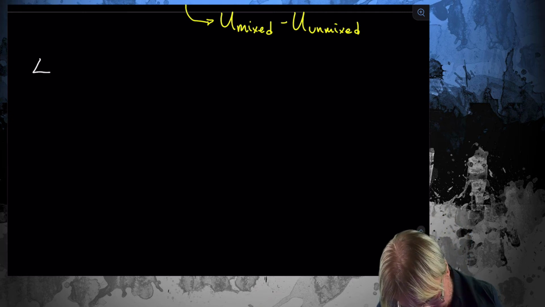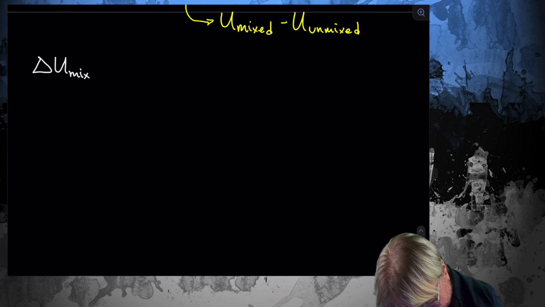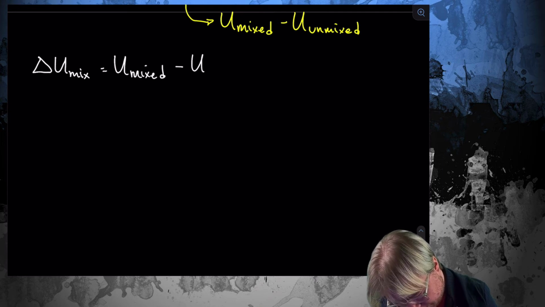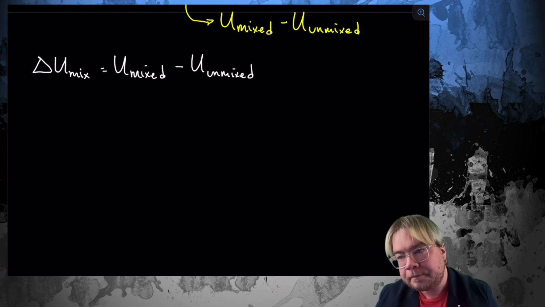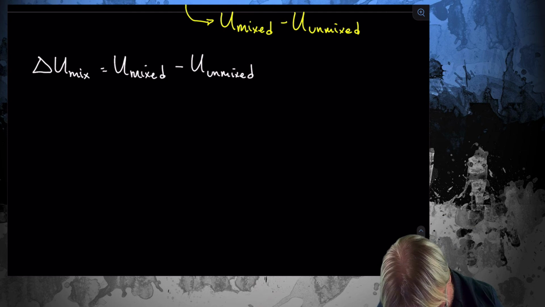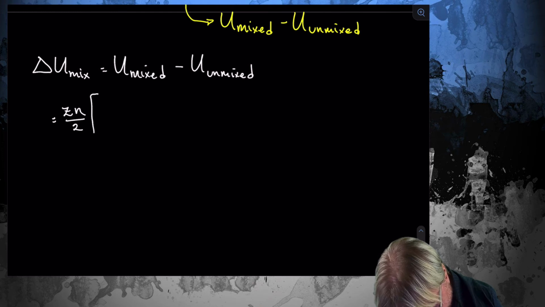So delta U of mixing will be the energy of the mixed state minus the energy of the unmixed state. And we'll just do this. So we're going to get, I'm going to write it over here, Zn divided by 2.